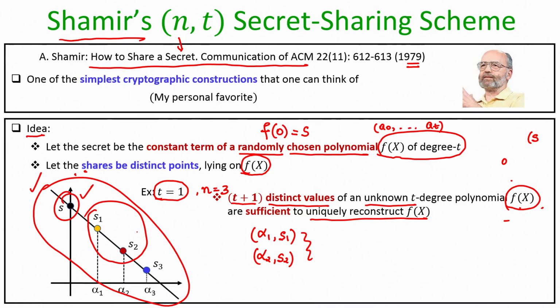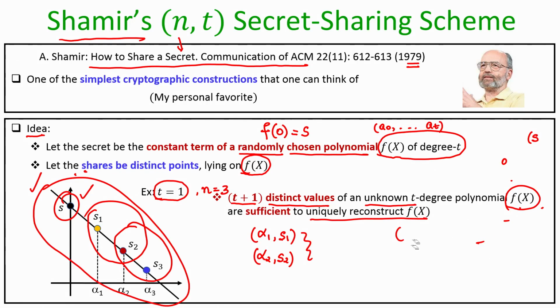In the same way, if I give you say the second share and the third share, you will be able to get back the dealer's straight line uniquely, and hence the dealer's secret.